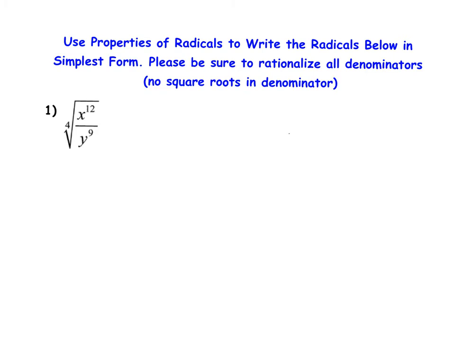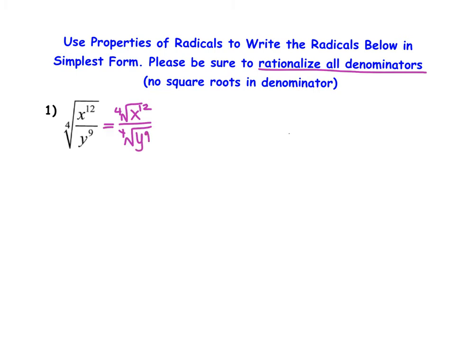So here we're going to use our properties of radicals again, but we're going to use them on problems that contain variables, and we need to make sure that we rationalize all denominators. So here in this first one, I'm going to split this up using that quotient property. So this becomes the fourth root of x to the 12th over the fourth root of y to the 9th.